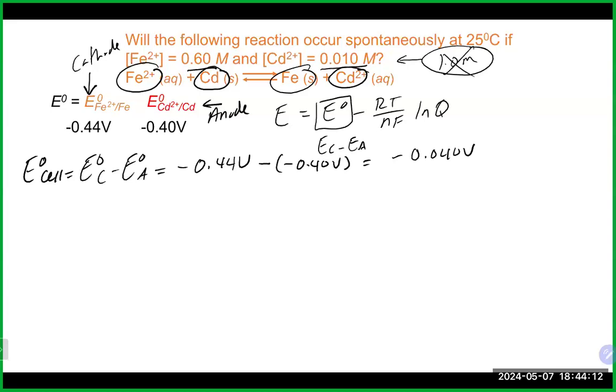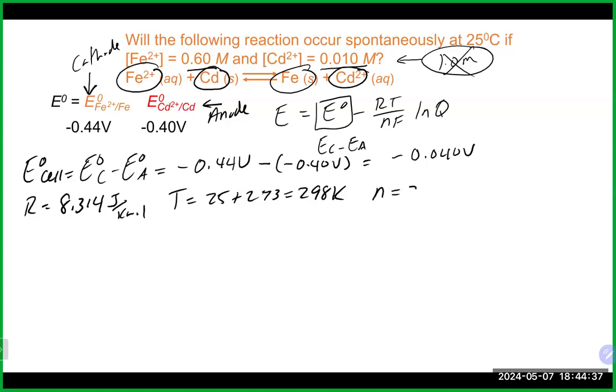So what we're going to see now is by playing with the concentrations, can we maybe get this guy some voltage? Can we turn it a little bit more spontaneous? So our R is our constant, 8.314 joules per Kelvin per mole. Our temperature, we do need to convert into Kelvin like normal, so that's going to give us 298. n in this case is 2.